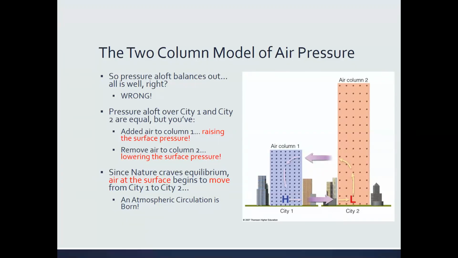But because one column has cooled and shrunk, you have lower pressure aloft. Because the other one has expanded, you have high pressure aloft. Air then moves from that taller, warmer column to that shorter, cooler column, and that throws everything off at the surface.